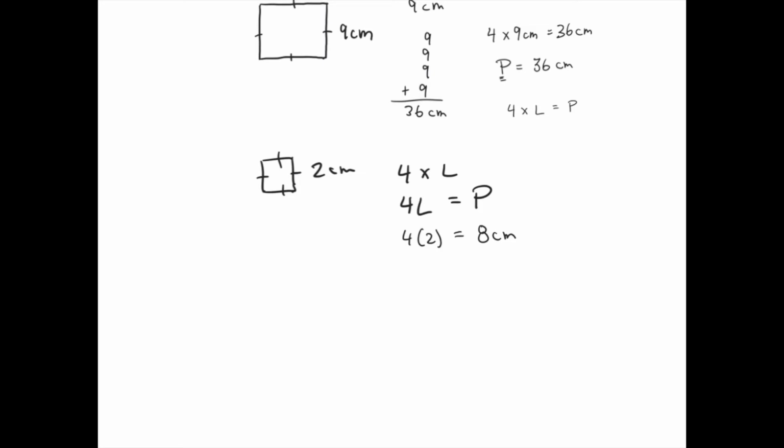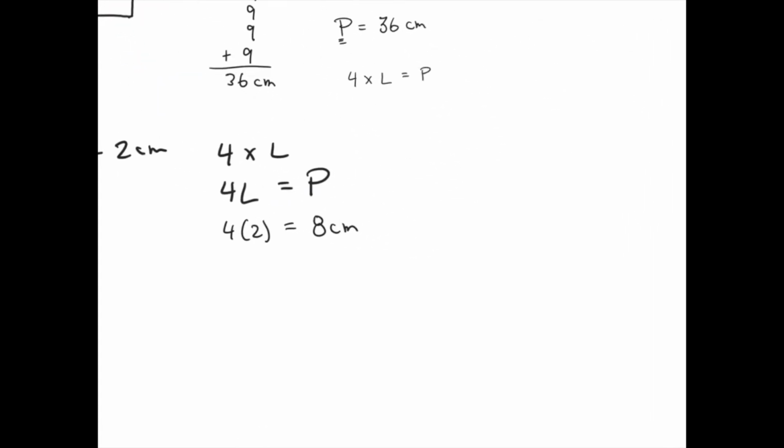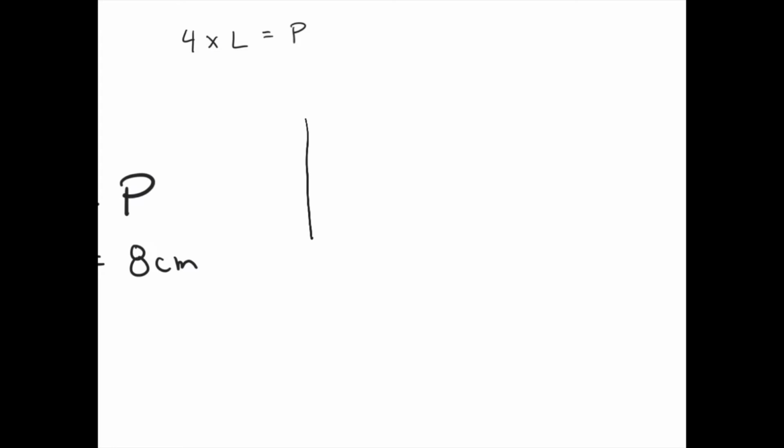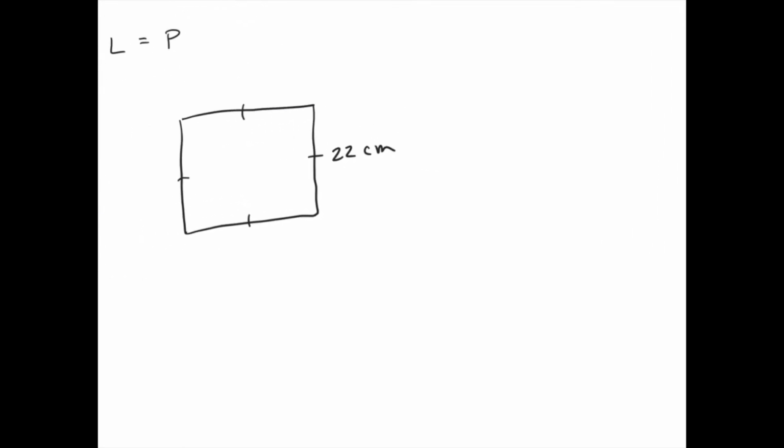Let's do one more. Here is another square. We know it's a square because of these marks telling us all four sides are the same. This time, let's make these sides 22 centimeters. So I know that it's 22 on all sides.